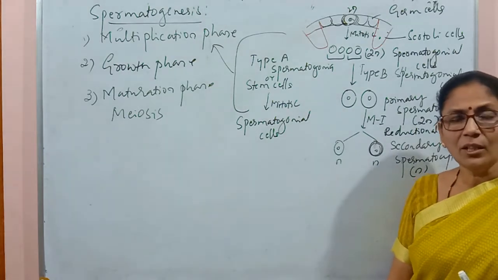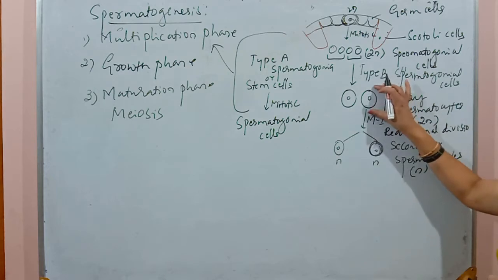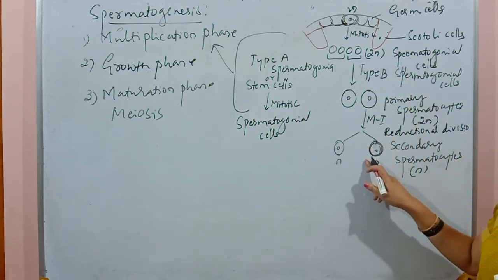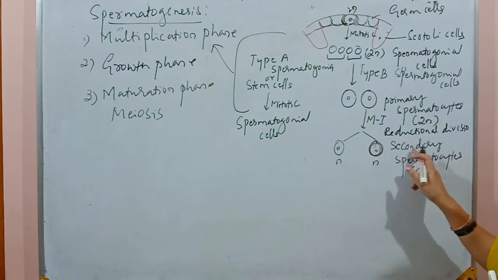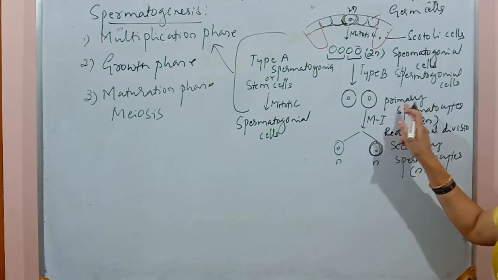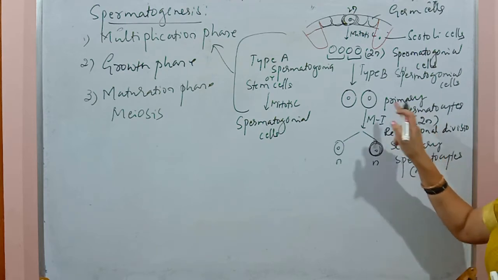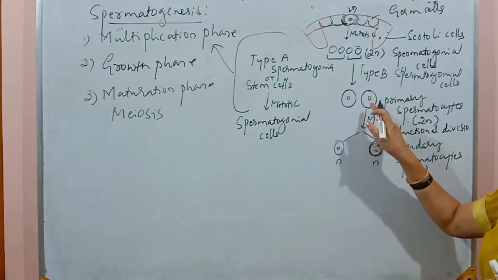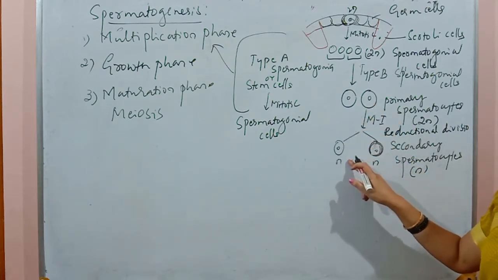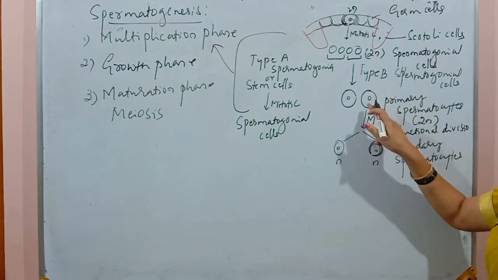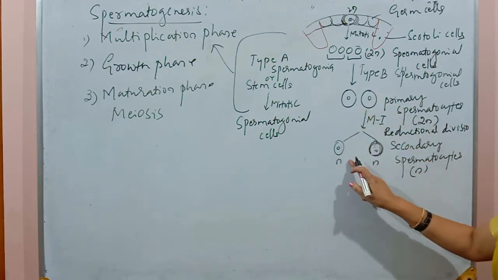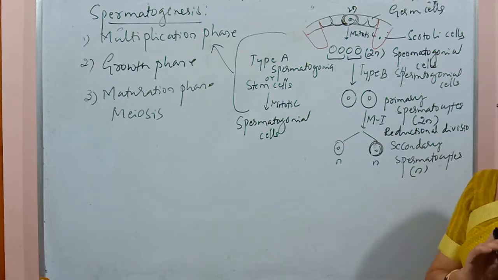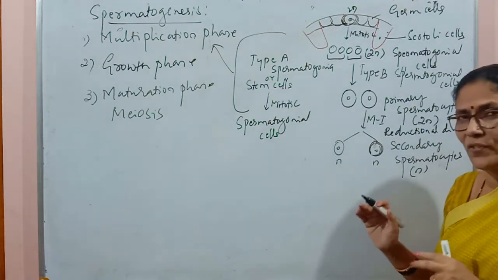Reductional division means the chromosome number of the parental cell is reduced to half in the daughter cells. Here the secondary spermatocytes are the daughter cells of primary spermatocytes. The chromosome number of this cell is 46, but the chromosome number of these cells is only 23. This means they have the diploid number of chromosomes, but these cells have the haploid number. This is what happens during the first meiosis.